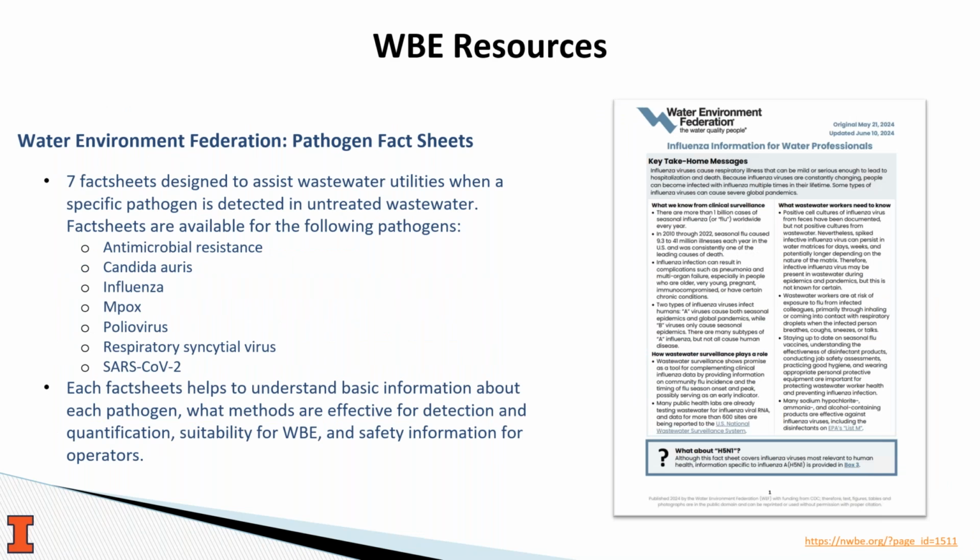So let's say you decide on a list of pathogens you want to monitor for, and you want to find more information about them, especially related to wastewater surveillance. WEF has a set of 7 fact sheets, which are intended to be used as guides when these pathogens are detected in untreated wastewater, and how to stay safe, as well as information like operator safety, what kind of PPE they should wear whenever they're taking these samples to protect themselves from these pathogens that might still be active in wastewater streams.